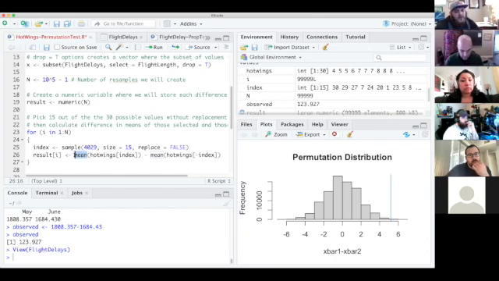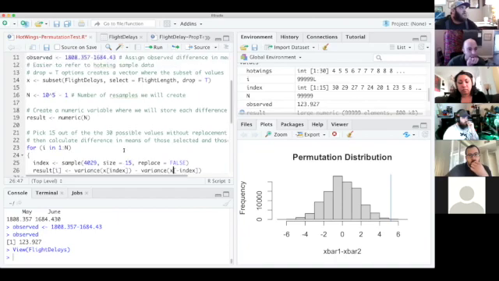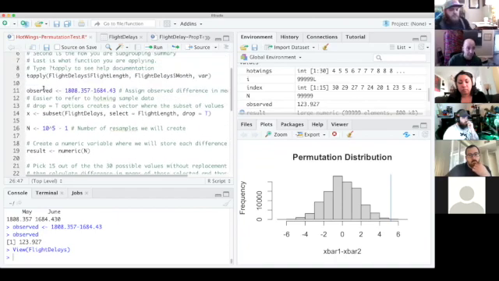First of all, we're going to use variance instead of mean. And I call this thing X instead of Hotwings. But I want to be consistent with how I do the difference up here, like the ordering in terms of whether I did May minus June versus June minus May.